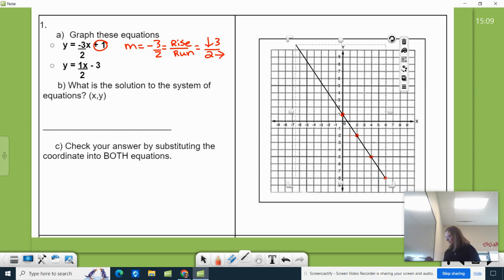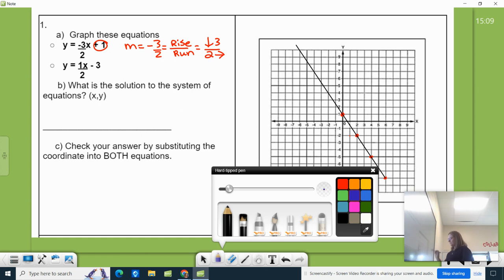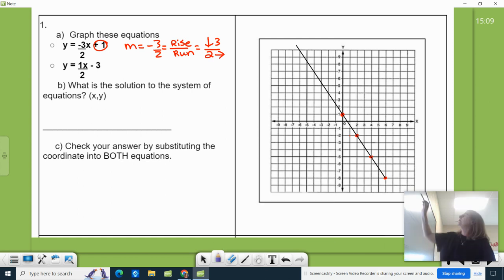Okay, all right, let's do the second one. Change my color. So here is going to be your first point at your y-intercept. That's -3. Then my slope is 1/2. So that means my rise over my run is 1 up and 2 to the right.